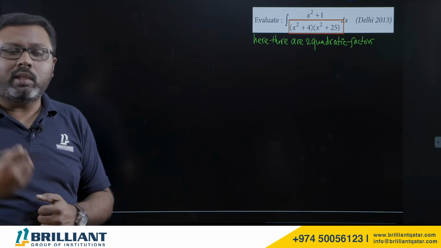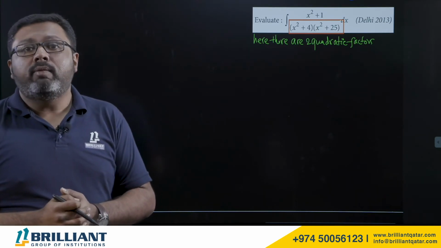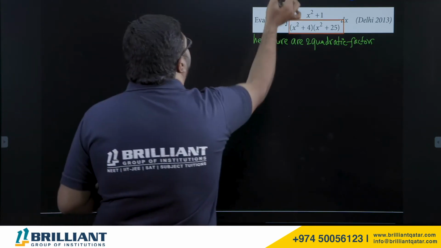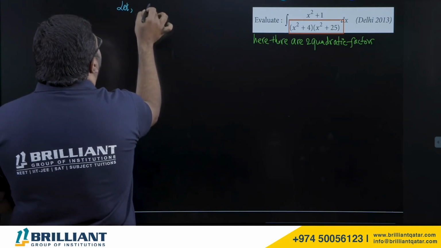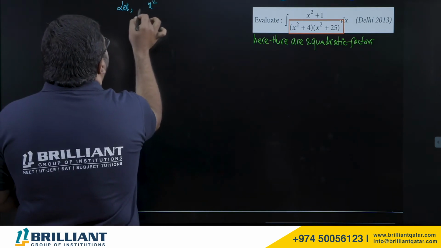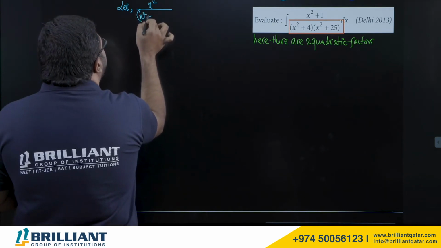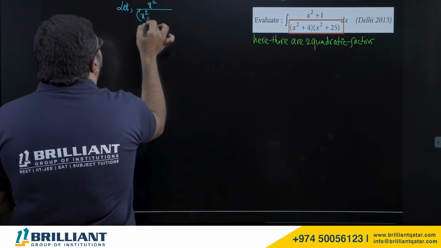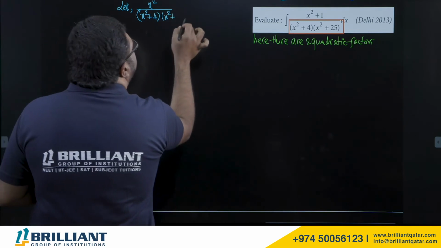What is the easiest method is, we will do partial fraction definitely, but we will do it after doing a simple substitution. Look at the method I'm going to use here. I'm taking the integration form, x squared divided by x squared plus 4 into x squared plus 25.